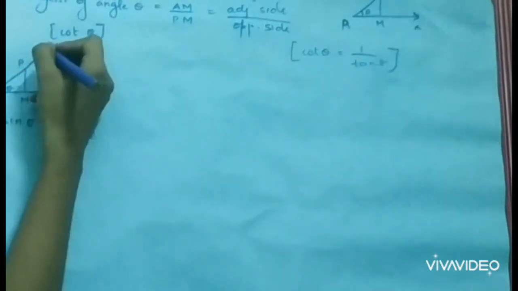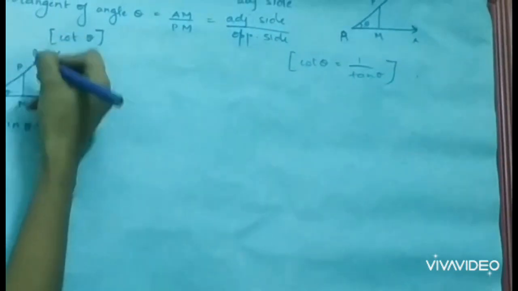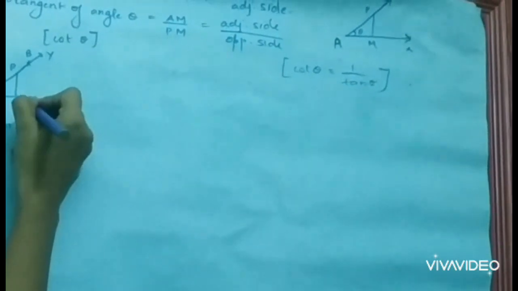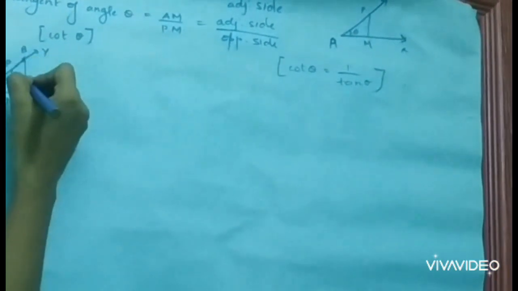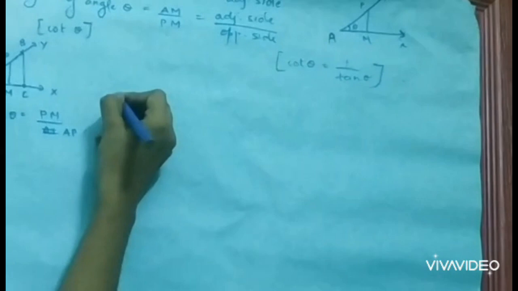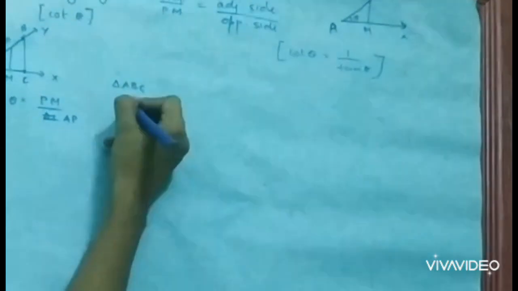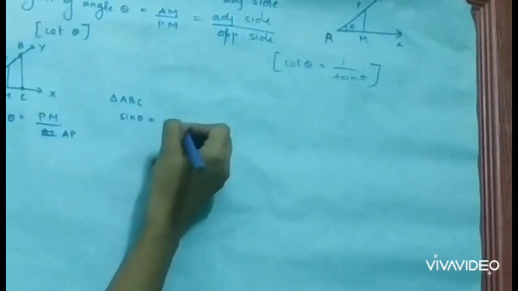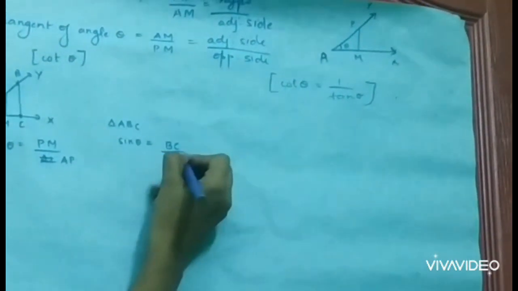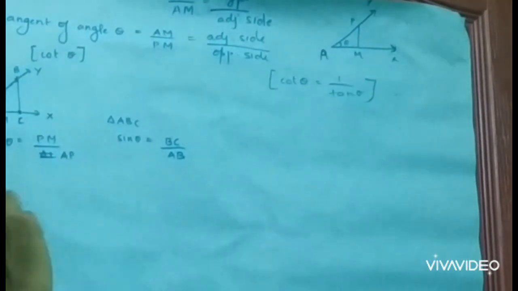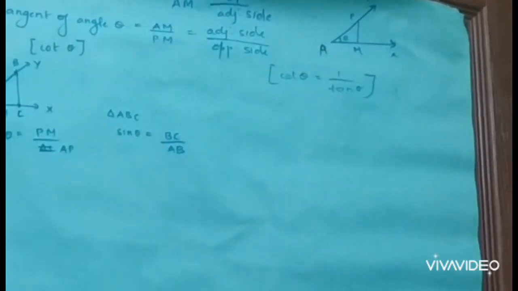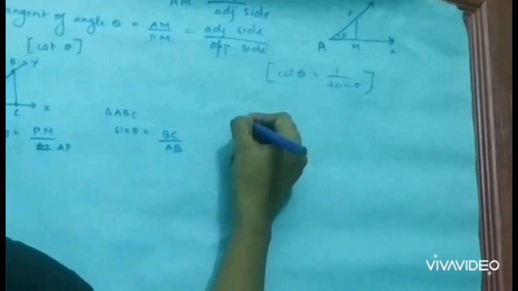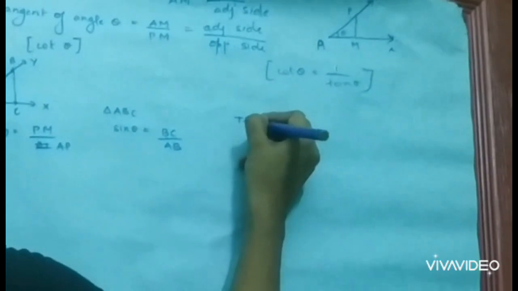And if the position of P changes to B and the position of M changes to C, and if we draw a perpendicular here, for triangle ABC, sine theta comes out as BC by AB. But the sine theta for both the cases will be the same. That is, trigonometric ratios are the same for the same angle.